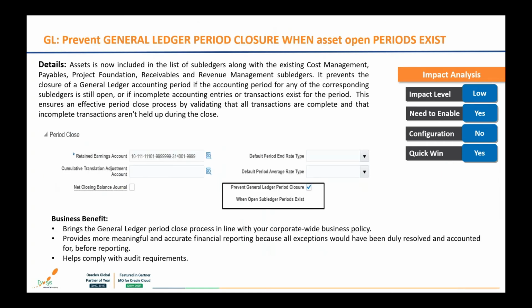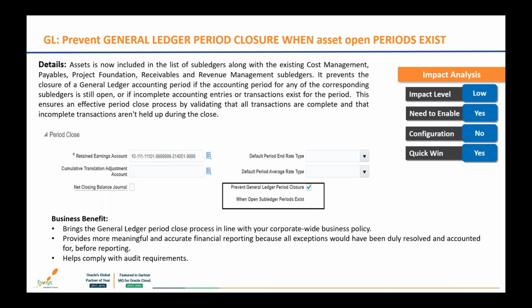Now, as in the poll we conducted earlier, a majority, 51% of the attendees, recognized that this feature, which was introduced in 20D, was a game changer and was effectively used by their organizations. In 20D, Oracle introduced this feature which said that you cannot close the journal ledger period unless and until the subledgers are closed.